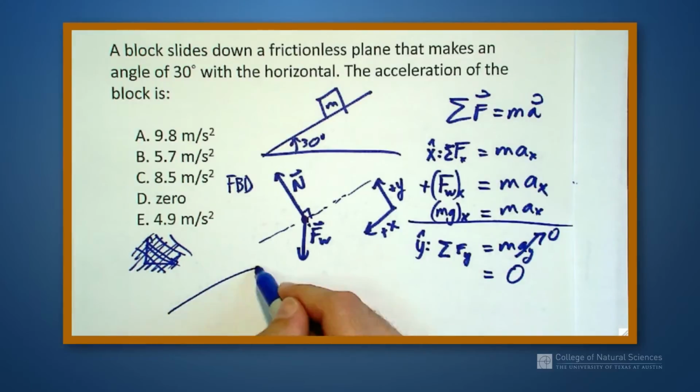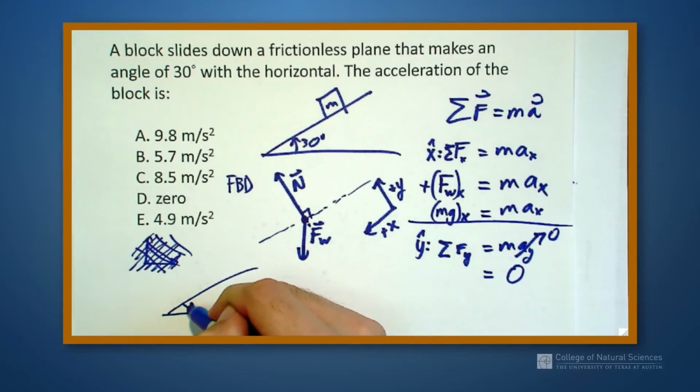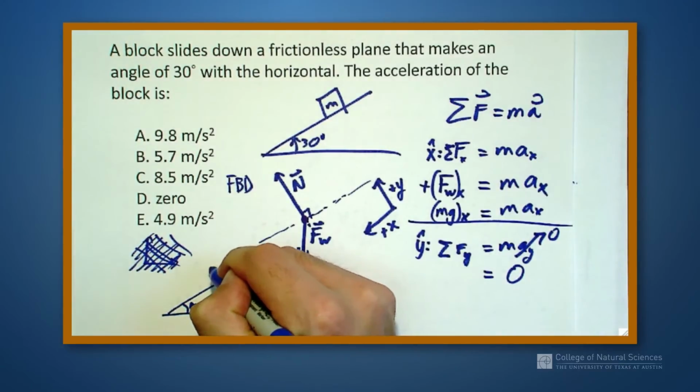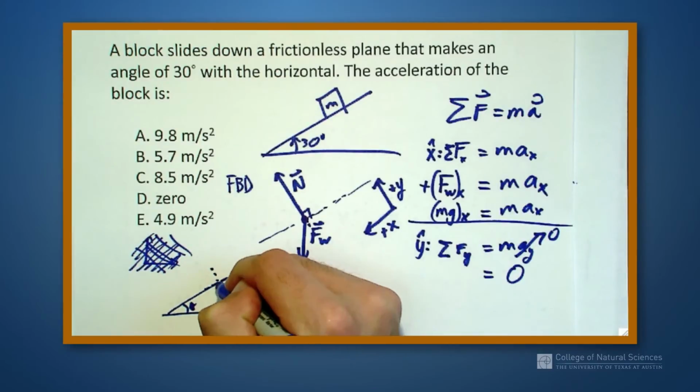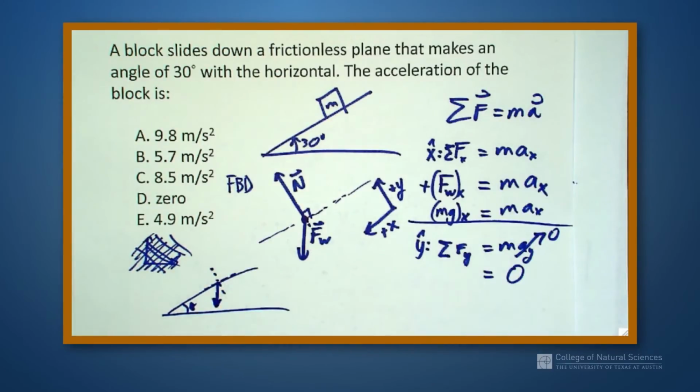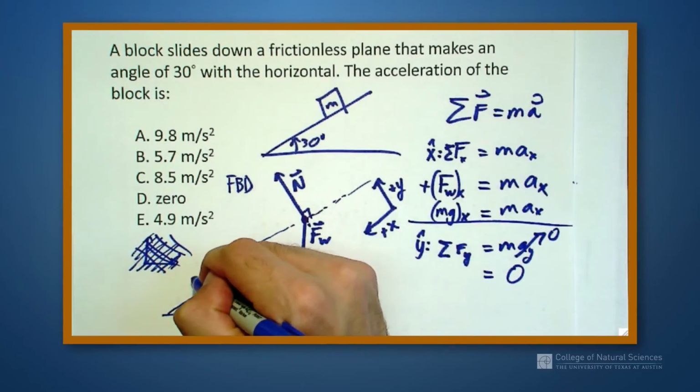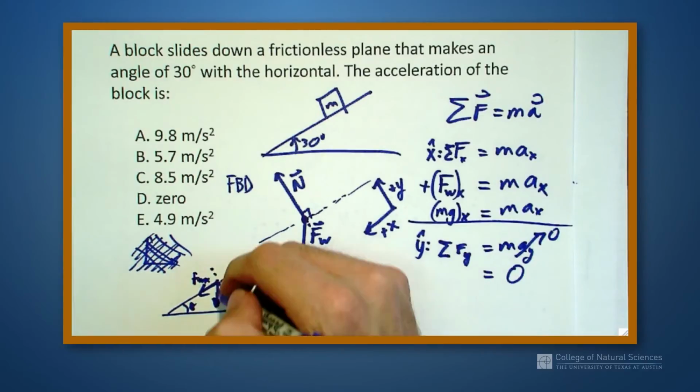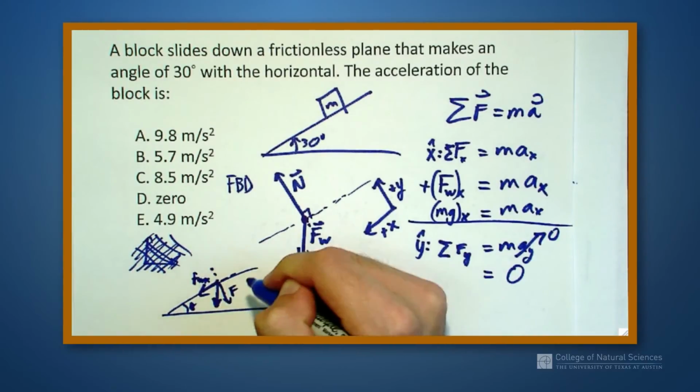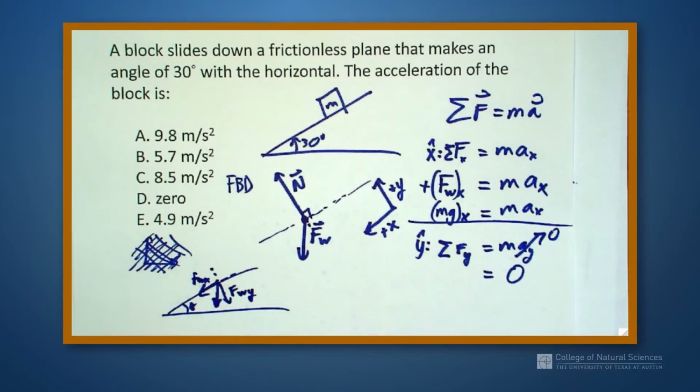The problem I'm having is, my coordinate system looks like this, and I have a weight force that points in the downward direction. I want to know what is the component of the weight force in the x direction, and I'll want a component of the weight force in the y direction. Well, I need to know which angle is the right one to use, or what trig function is the right one to use.